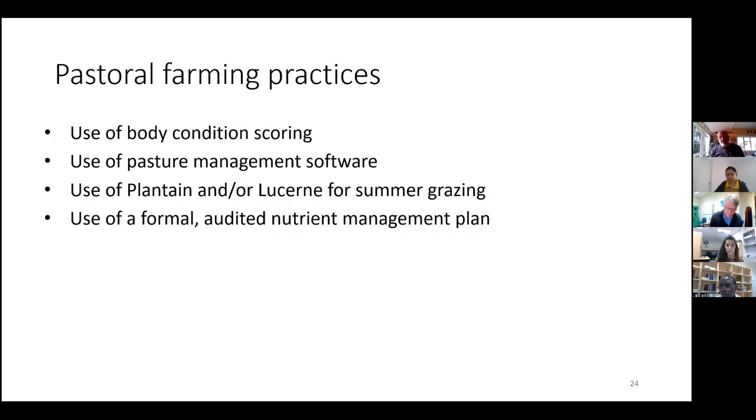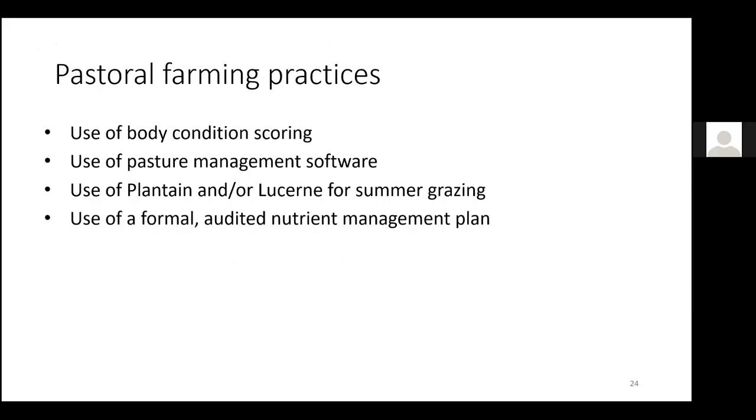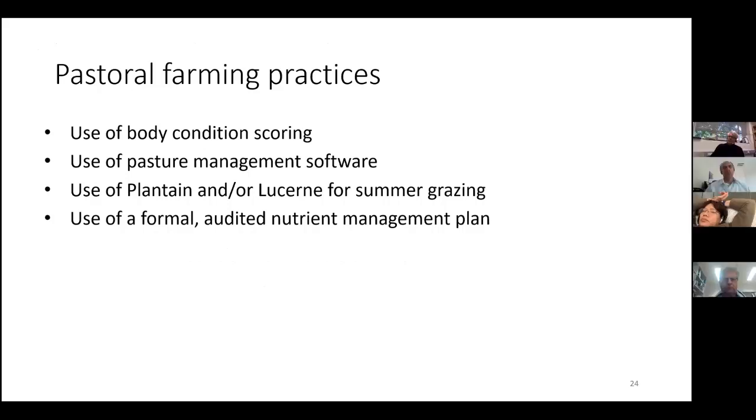The four practices, if you were not here last week, are the use of body condition scoring, use of pasture management software, use of plantain and lucerne for summer grazing, and the use of formal audited nutrient management plans. By the way, plantain is not the banana. Some people didn't know what it was. It's a crop.